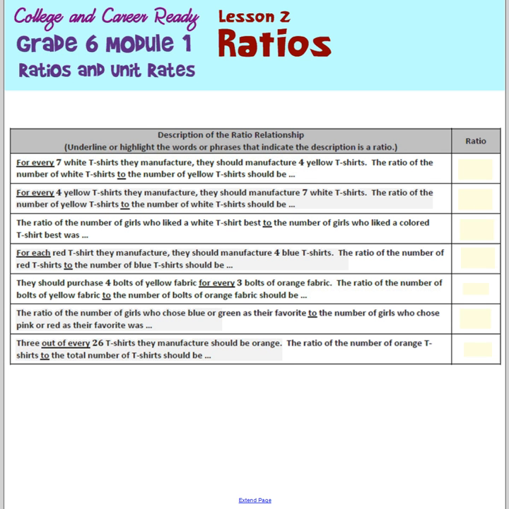Here are a bunch of questions in your module that also refer to this survey about t-shirt colors. Let's go. For every 7 white t-shirts they manufacture, they should manufacture 4 yellow t-shirts. Did you read the instructions that say underline or highlight the words or phrases that indicate the description of the ratio?